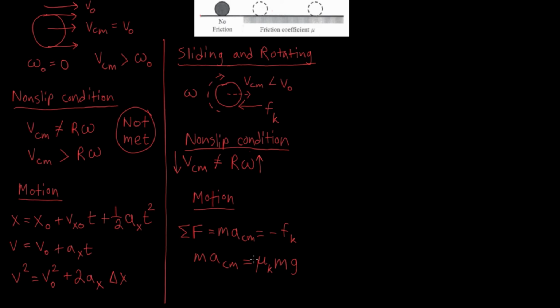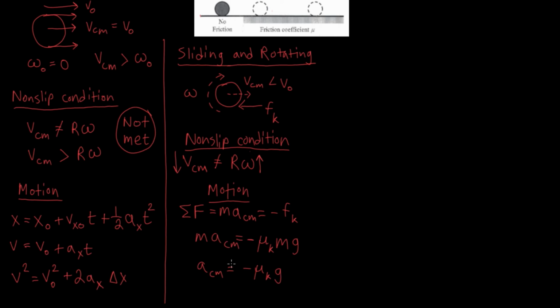And in front of that is a negative sign. Now let's simplify this down further. Note that both sides have an m, and so if we solve for the acceleration of the center of mass, we get that it's negative mu, the coefficient of friction, times the acceleration due to gravity.